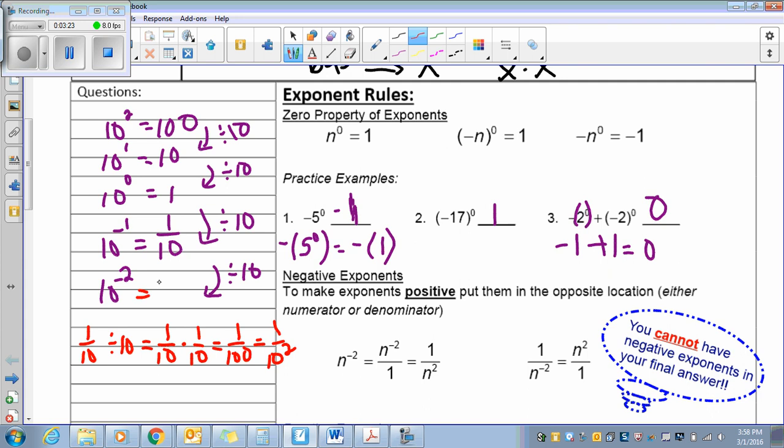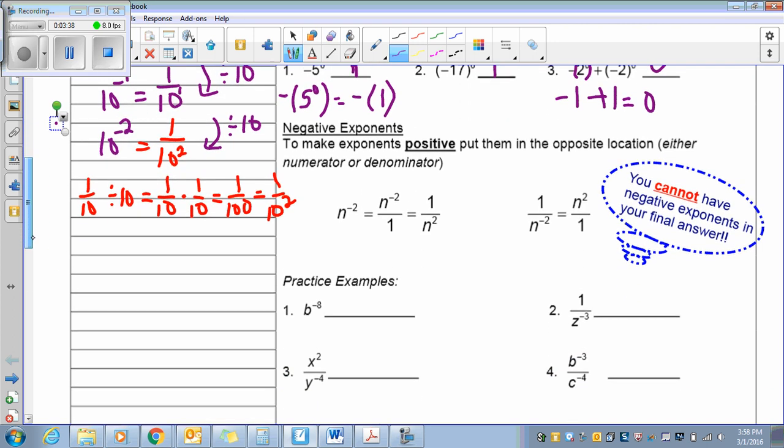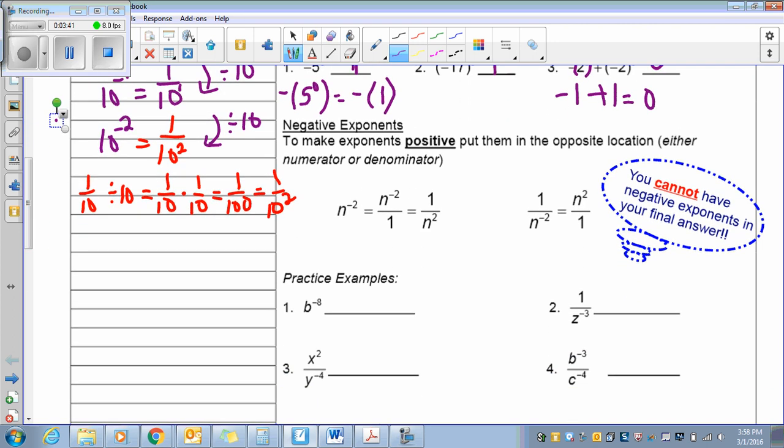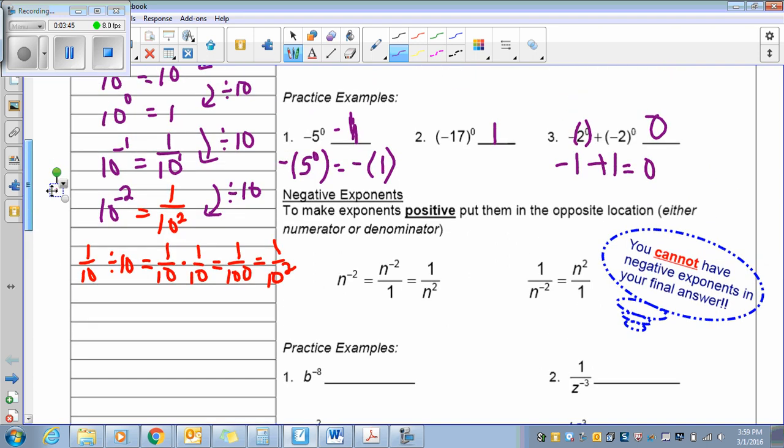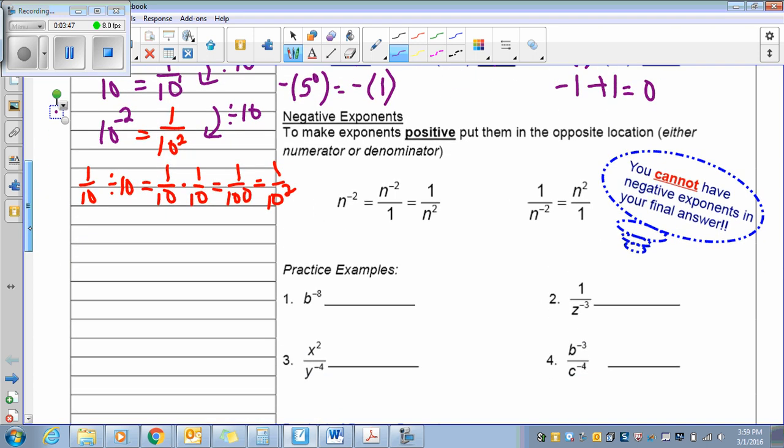So 10 to the -2nd would be 1 over 10 squared, or 1/100th. And this would be 10 to the first, or 1/10. So anytime we have a negative exponent, we can put it in the denominator, and that changes it to the positive exponent. The reason why that works is shown in this example.